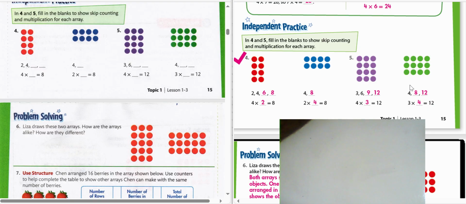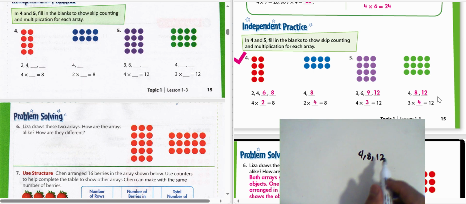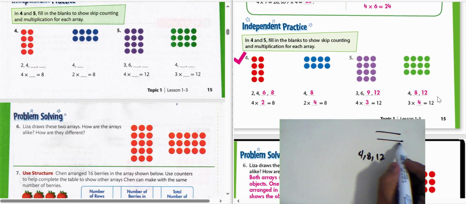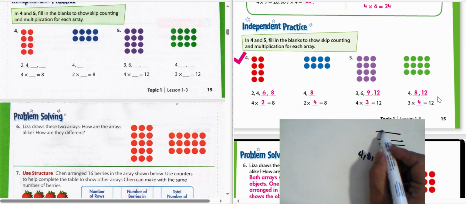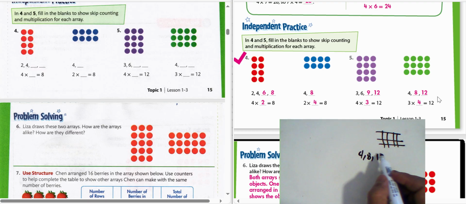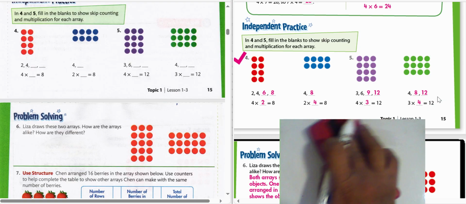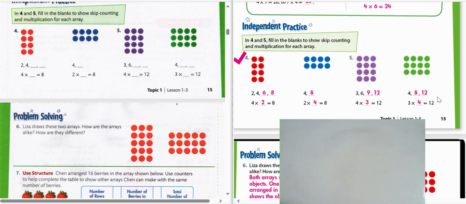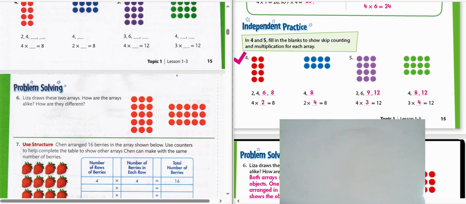And here, 4, 8, 12. 4 plus 4 is 8, 8 plus 4 equals 12. You have 3 rows, each row contains 4: 1, 2, 3, 4. Okay. 4, 8, 12. Next question. Next page, page 16.